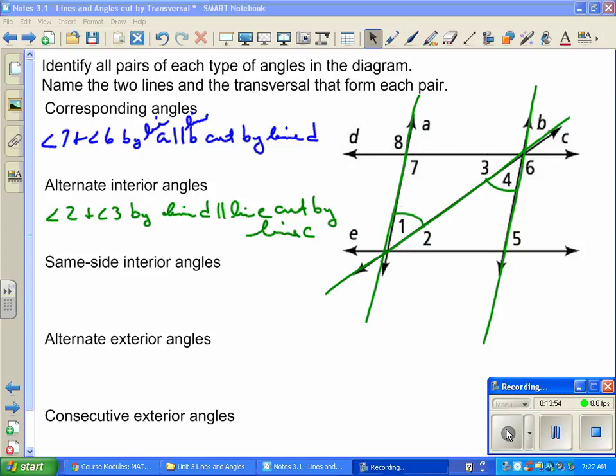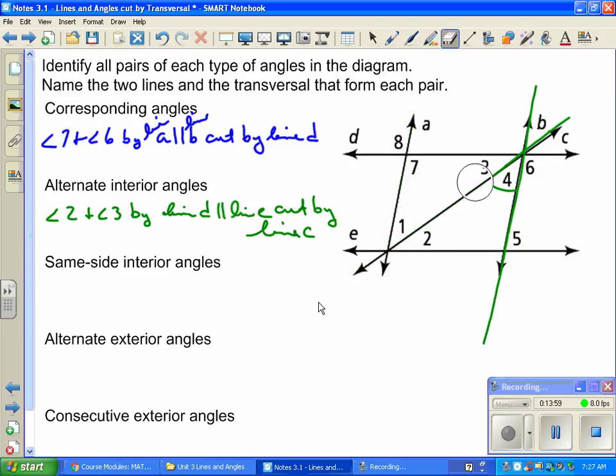Well, now that you have tried some on your own, let's see if you got them right. So first of all, let's look for same side interior. So if we start with the two parallel lines that are horizontal and let them be cut by transversal B. Let's look at that one first, and then we'll look at transversal A. You'll see that there are two angles that are on the right side of that line that are also between the two parallel lines.